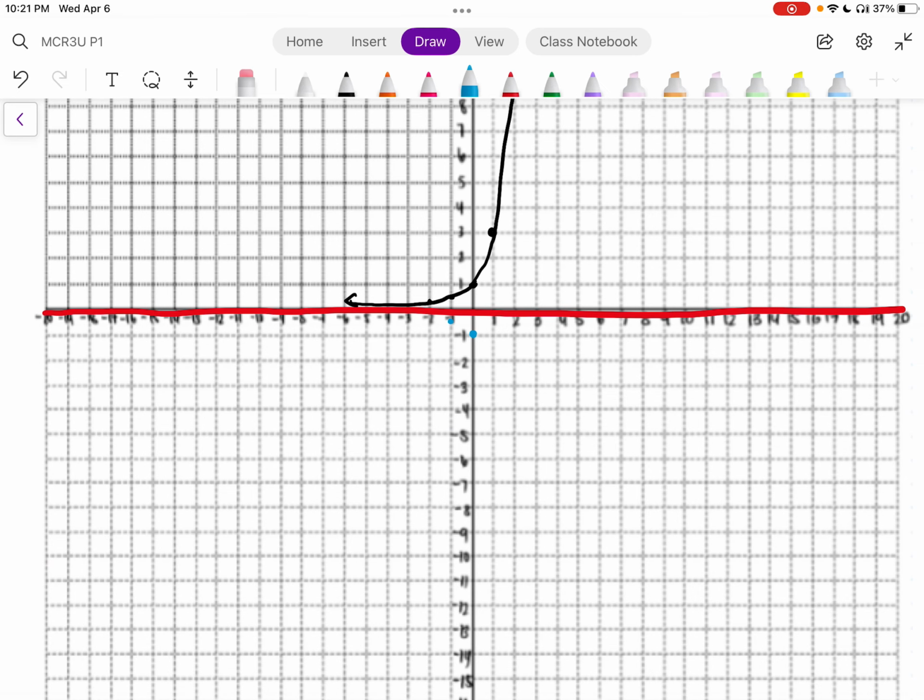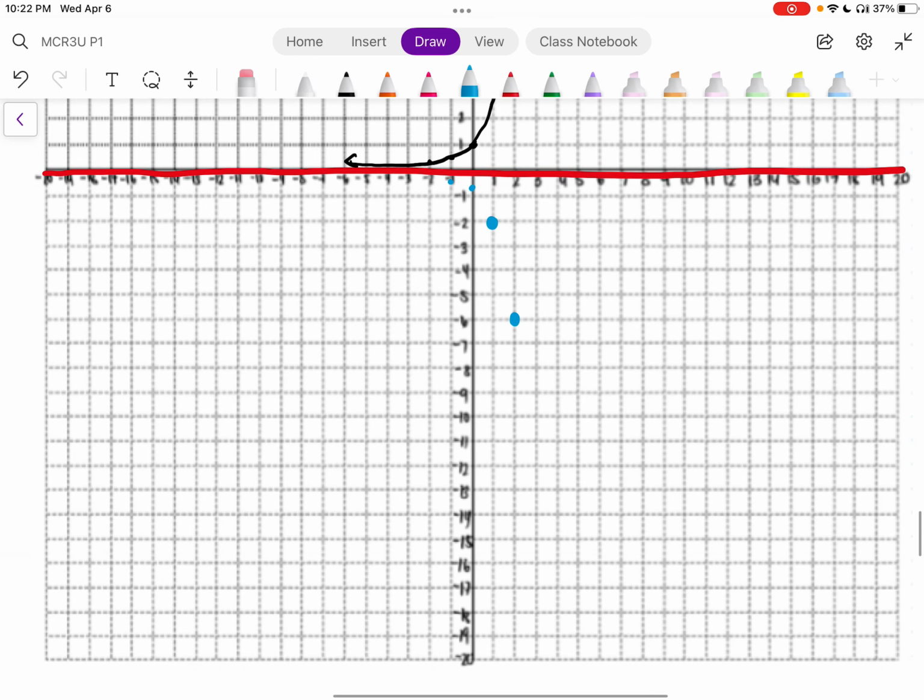And then at 1, it's going to be at -2. At 2, it's going to be at -6, right? And at 3, the function is at -18, so it's like all the way down here. So my graph is going to look something like this.